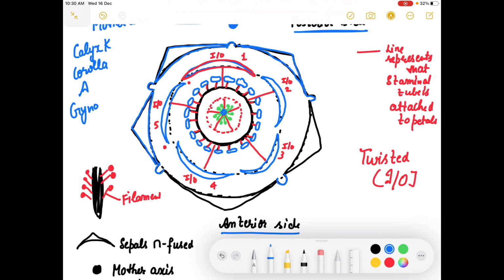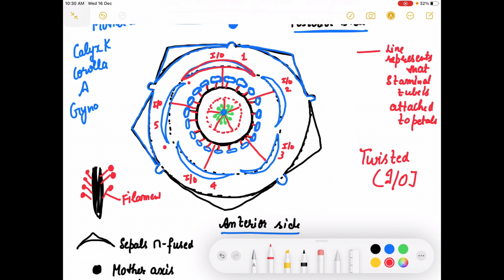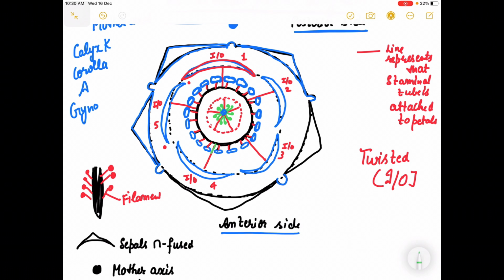And what kind of anthers do they have? Monothecous. So we have drawn a single lobe here, monothecous, and then the filament comes out from its center. Now because this androecium is attached to your corolla, you have to mark these lines to show that the corolla is attached to the androecium.